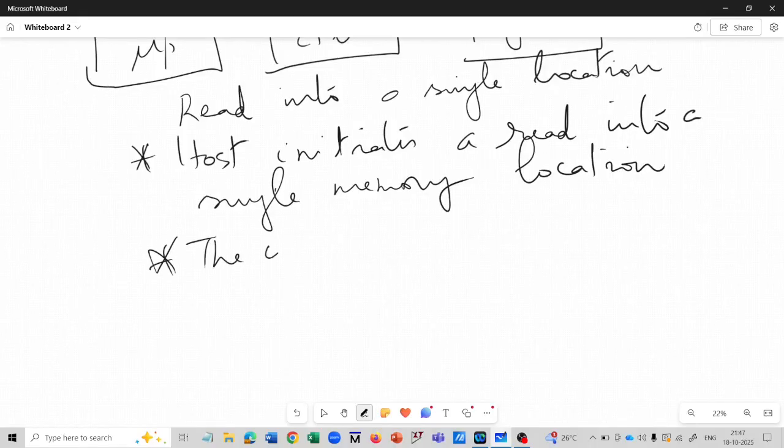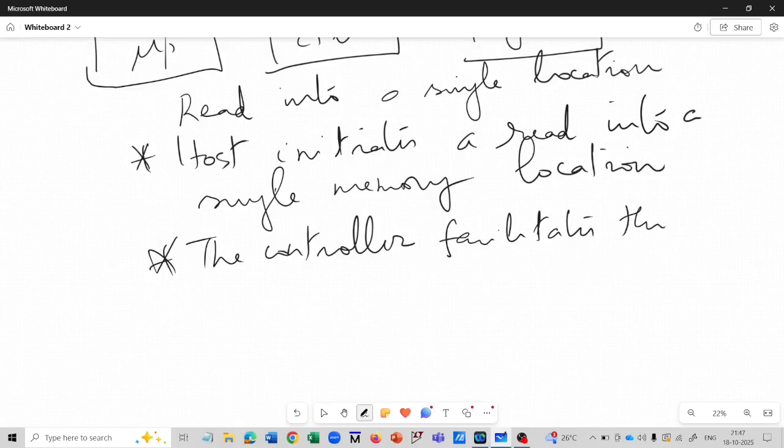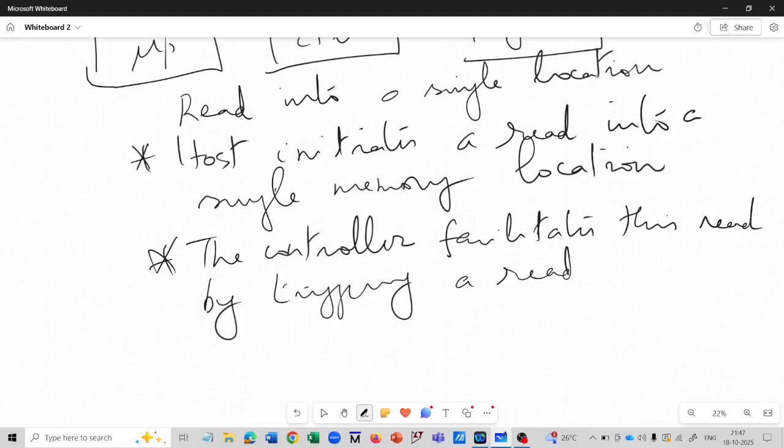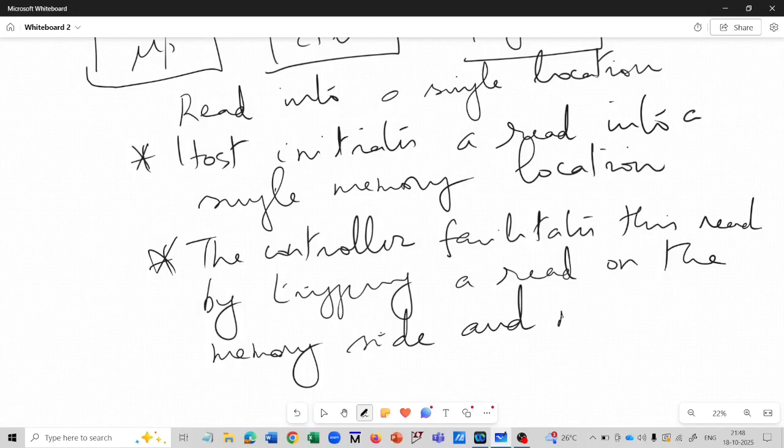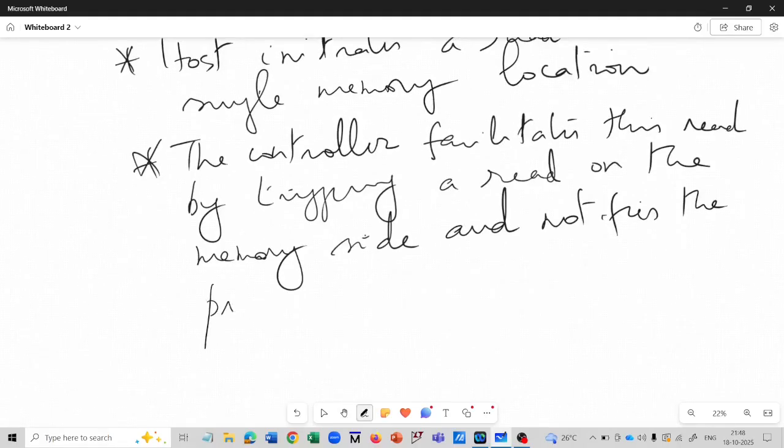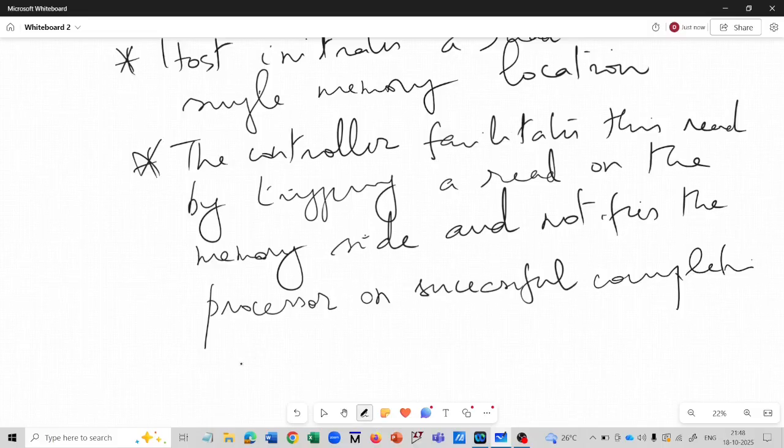The controller facilitates this read by triggering a read on the memory side and notifies the processor on successful completion of the read.